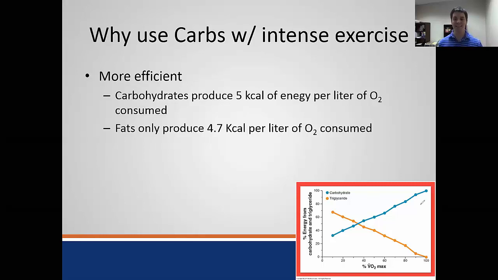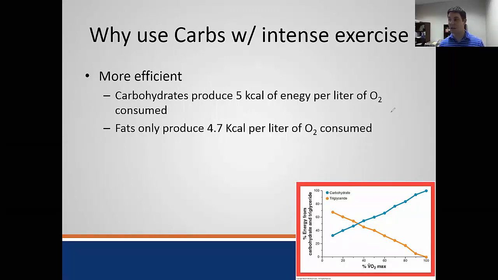However, during high intensity exercise where our VO2 is really high, our limiting factor actually becomes getting oxygen to the muscle. When we look at the efficiency of using oxygen, carbohydrates produce 5 calories of energy per 1 liter of oxygen consumed.